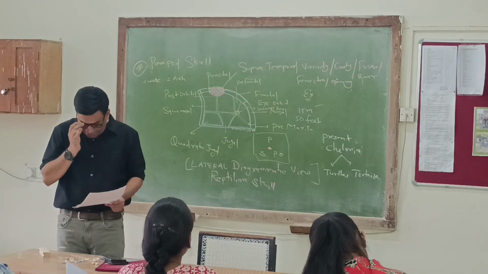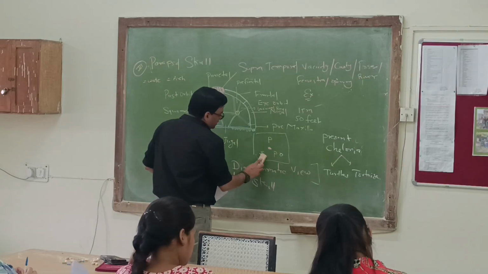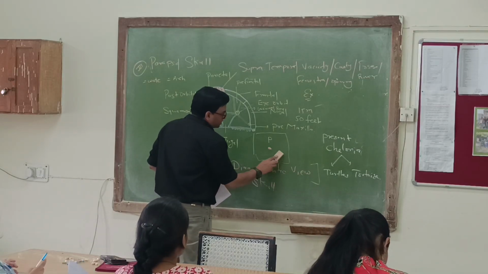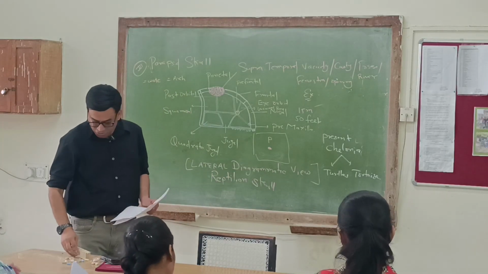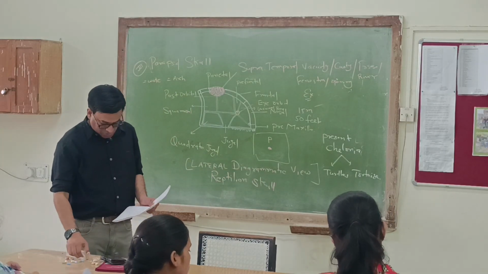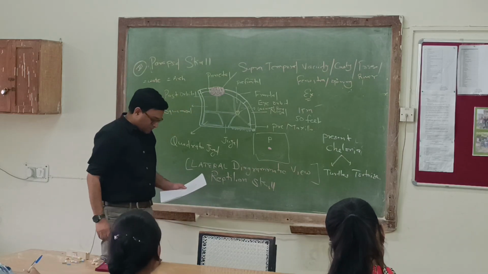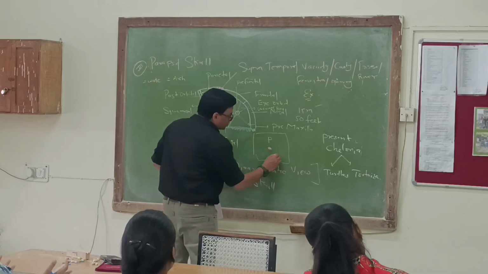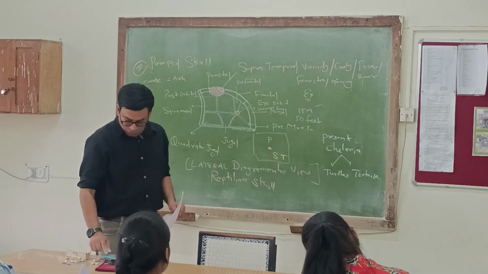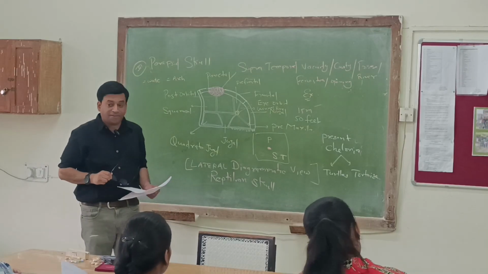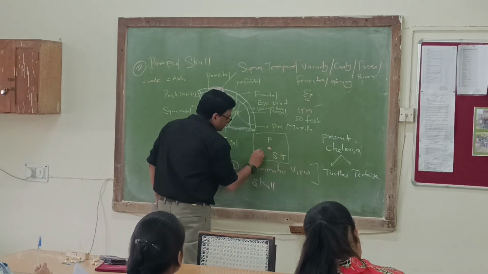But the bones are changed. The arrangement is changed. You have to be very specific. In the answer, you have to write that it is not surrounded by the post-orbital and the squamosal, but it is actually surrounded by the supratemporal and the postfrontal bone.